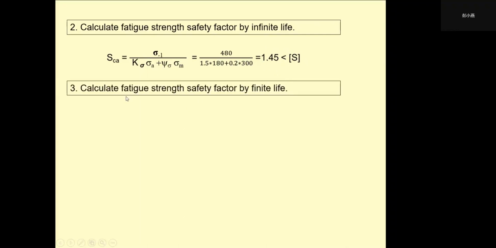Then calculate the fatigue strength safety factor for finite life.